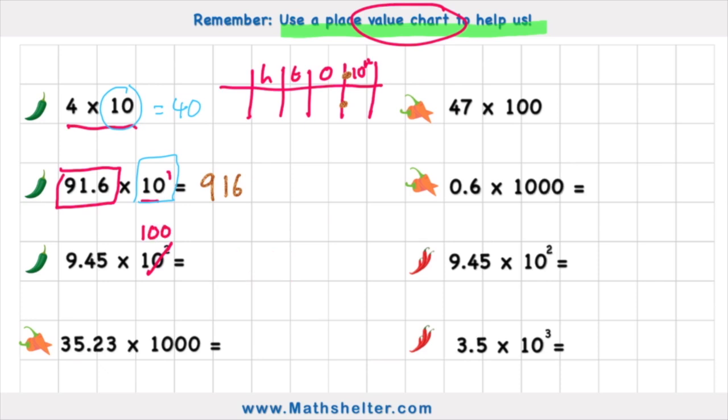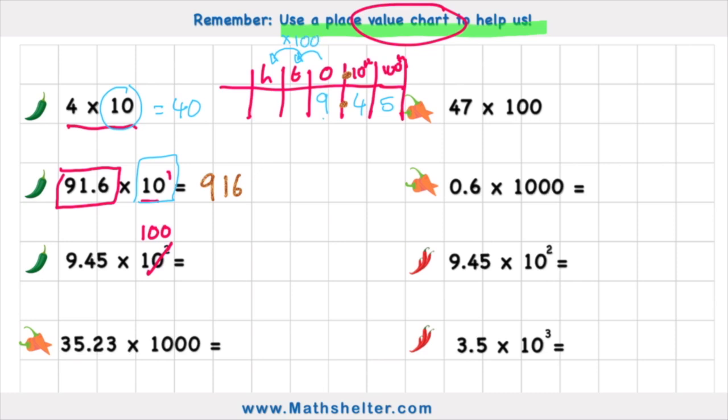Now when I put my digits in place, it's 9.45, so I have 9 ones, 4 tenths, and I need another column for my hundredths, and I have 5 hundredths. Now I'm multiplying by 100, I have to understand that each column is worth times 10, and then 10 times another 10 would be 100. So 2 jumps is times 100.